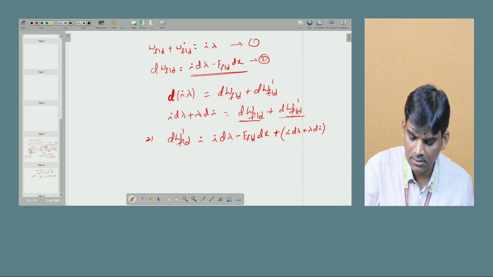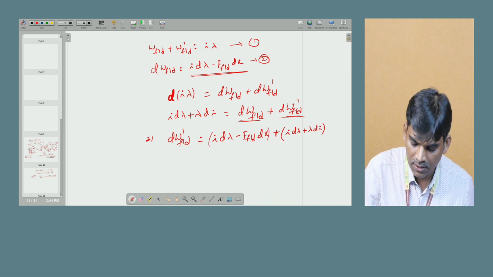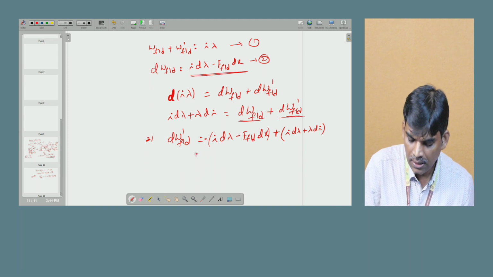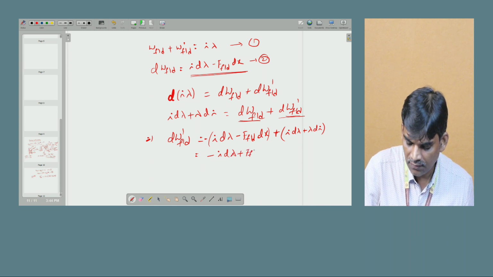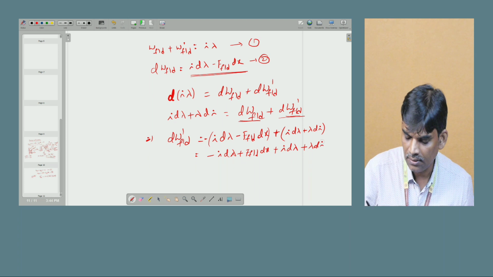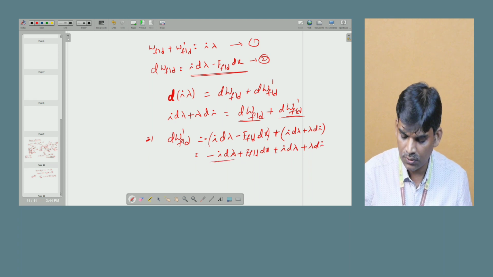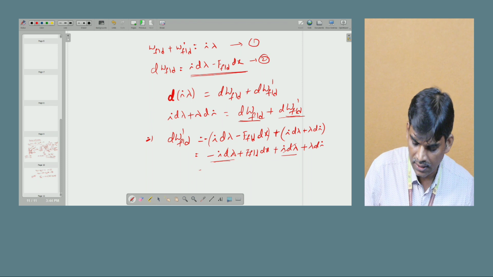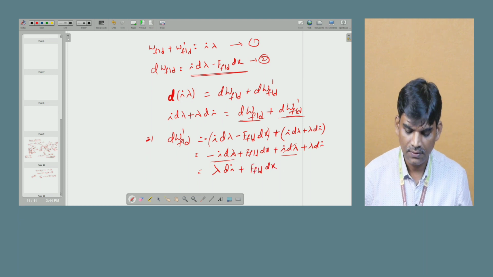We can write it like this, minus i dλ minus into minus plus F_fld dx plus i dλ plus λ di. Here these two terms are cancelled. Finally we get λ di plus F_fld dx.